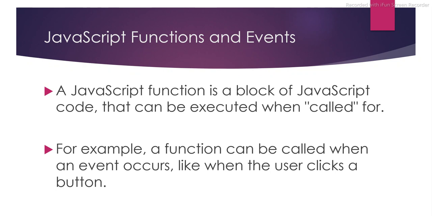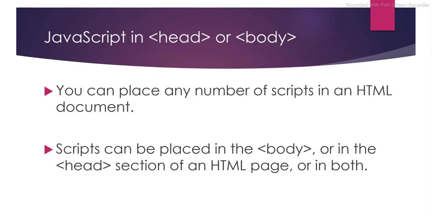The function will be called when there is an event. For example, when I click the Click me button, a function can be called. When I click the button, the function gets called, that time the function will execute and it will give you the output. That can be done in JavaScript.